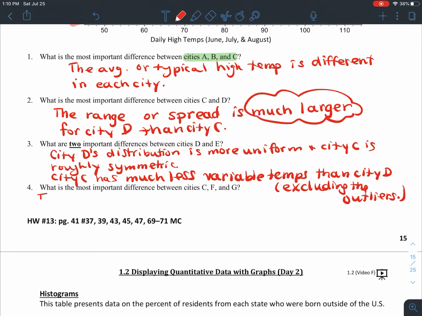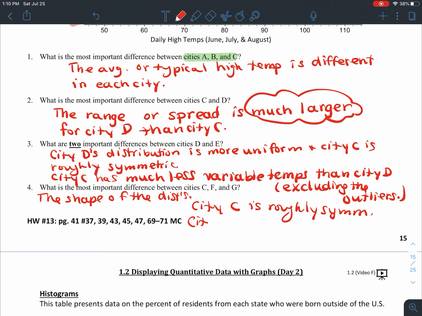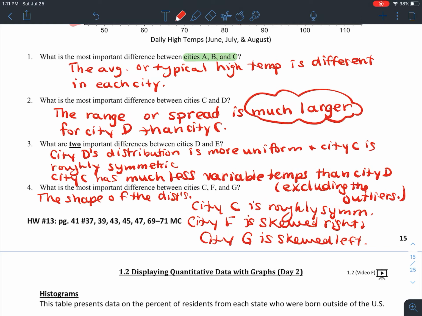Okay, so we can just remark here that the shape of the distributions. Okay, and then I'm going to be specific and say city C is roughly symmetric, city F is skewed right, and city G is skewed left.